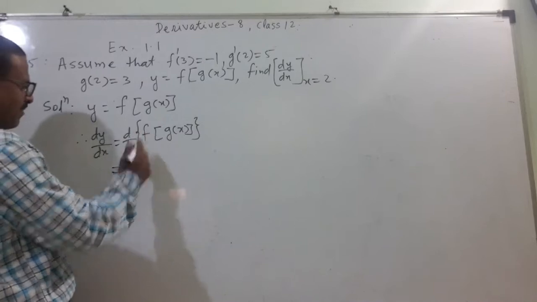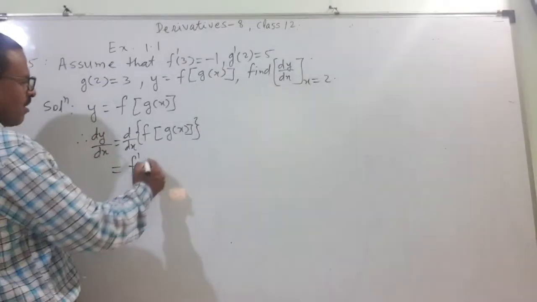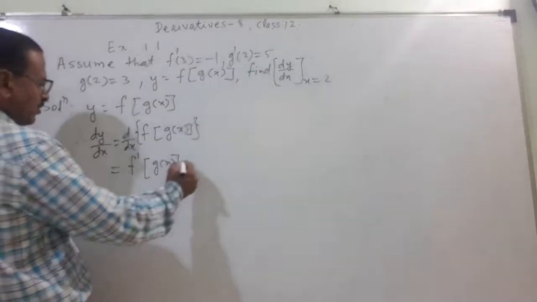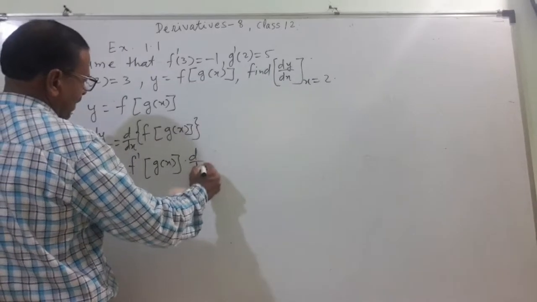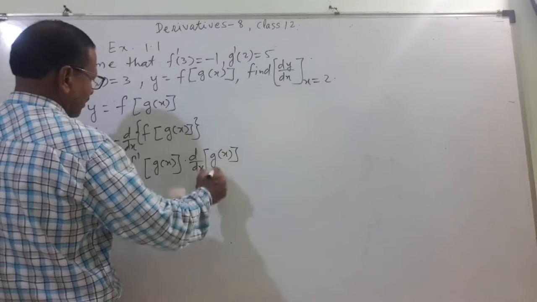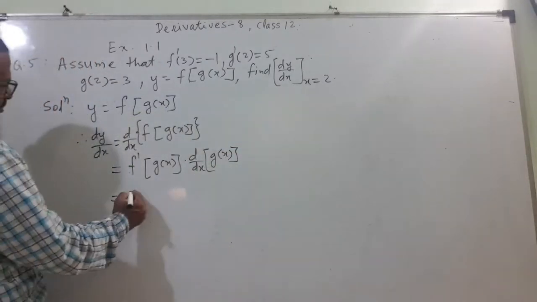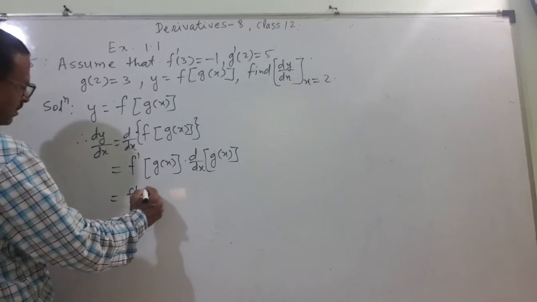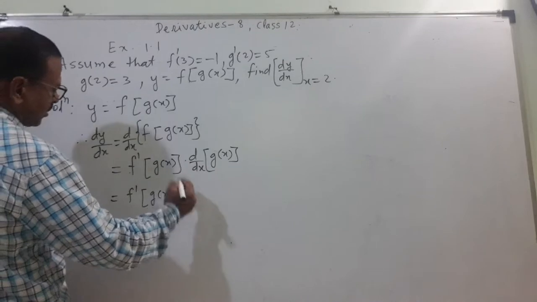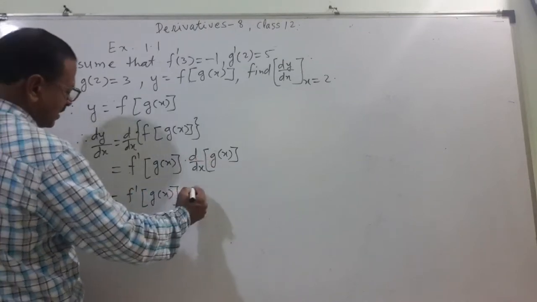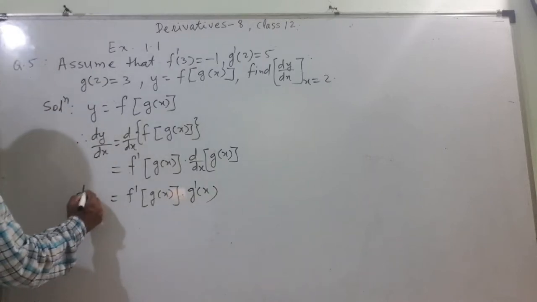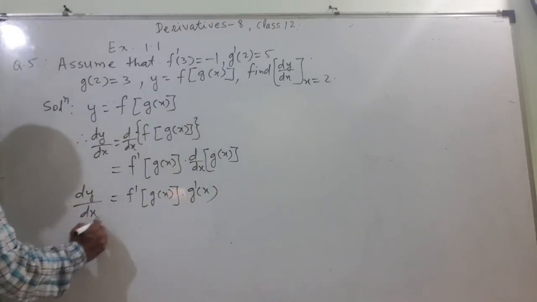So the derivative of f is f dash of g of x, into, by chain rule, d by dx of g of x. So that is equal to f dash of g of x into g dash of x. This is dy by dx.